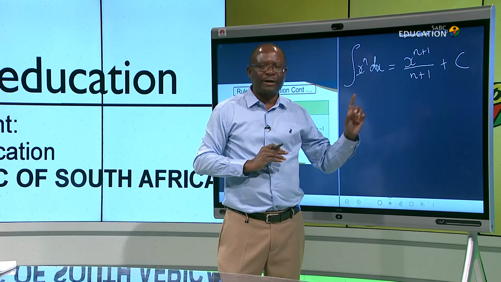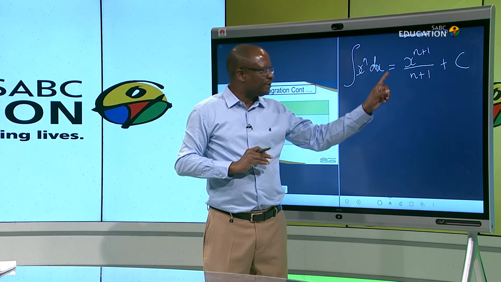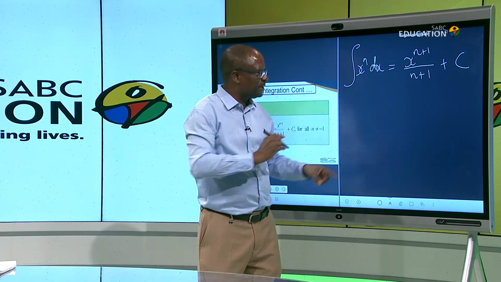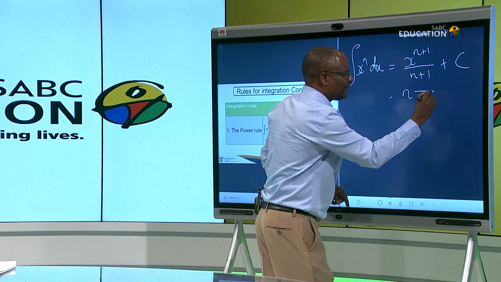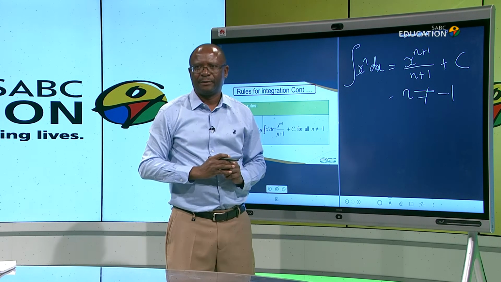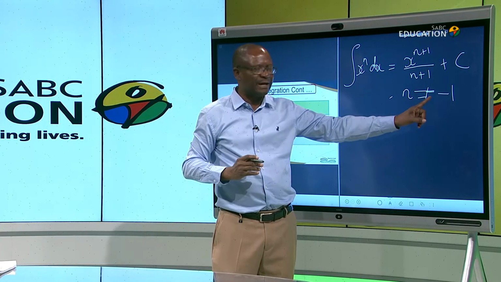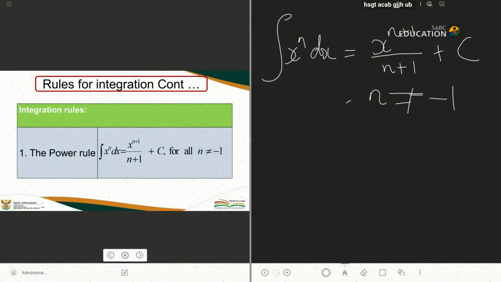In order to avoid the denominator being equal to 0, your value of n must never be equal to negative 1. Because if n is negative 1, we have negative 1 plus 1, which gives you 0, and the whole thing becomes undefined. You must always keep that in mind.